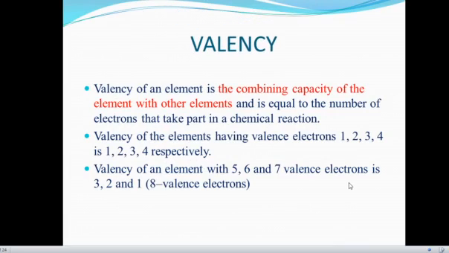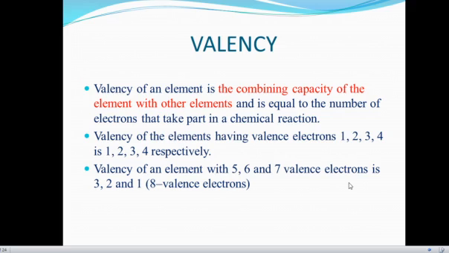So what is meant by valency? The valency of an element is the combining capacity of the element with other elements. So how one element is going to join with another element, with how many electrons it is going to join, that is called valency, and it is equal to the number of electrons taking part in a chemical reaction.